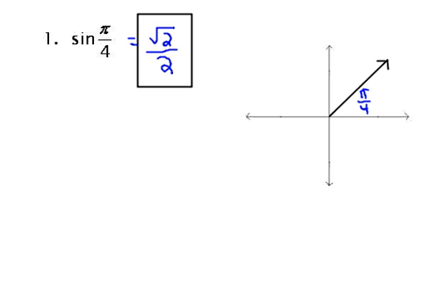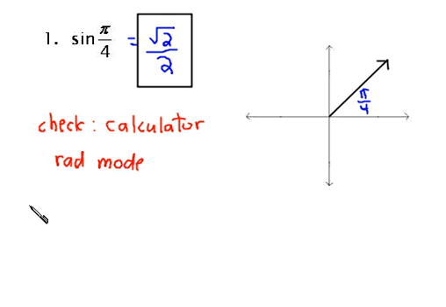And I'm going to show you something else that might come in handy. This is a check on the calculator. I don't always do this, but I am this time. What you can do, either in rads or degrees, is key it in. So I'm going to go into rad mode because that's the way the question was given, and I will work out the sine of pi divided by 4, making sure I close off that bracket.